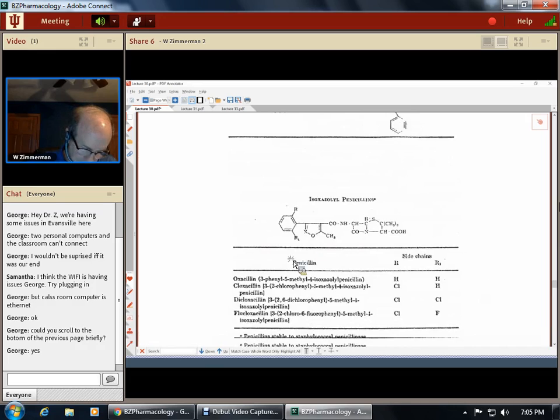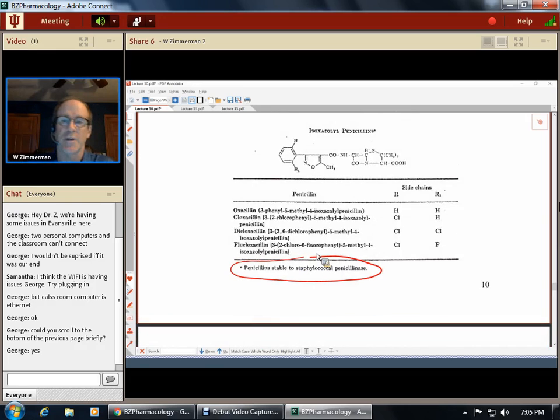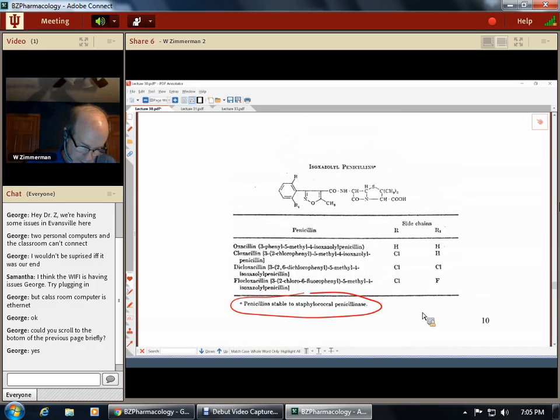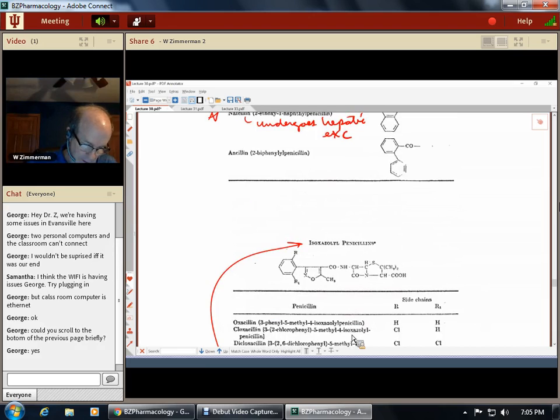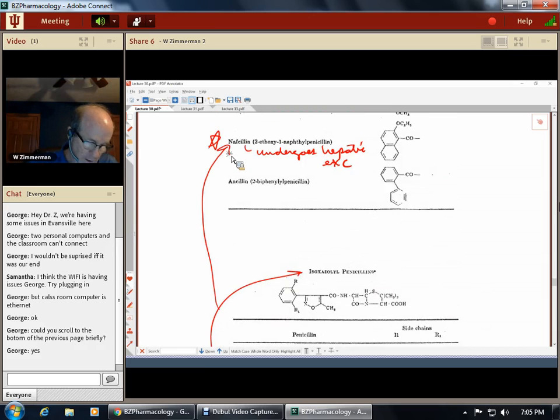Very bottom we see these are penicillins that are stable to staphylococcal penicillinase. They won't work on others, but that applies to the isoxazole penicillins. Also applies to the nafcillin. So these are penicillins resistant to penicillinase put out by staph.